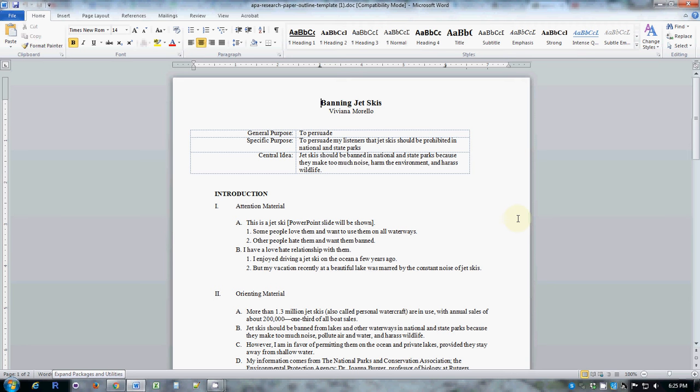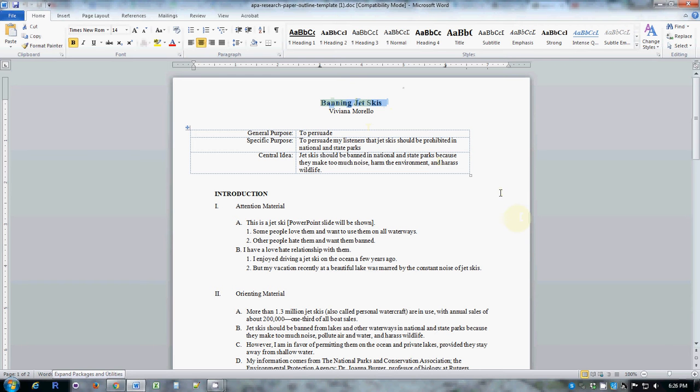This is credited to APA, and I downloaded it for your use. It's been filled in with an existing topic where somebody is making a case for banning jet skis. And it's a really nice outline, and it is very useful and illustrative.